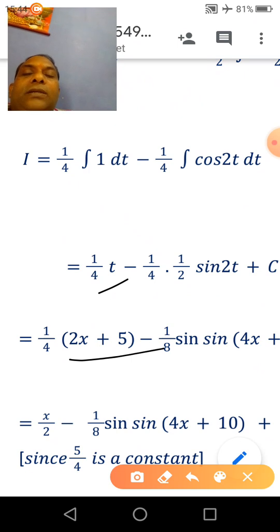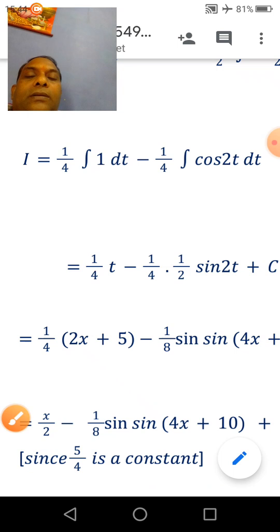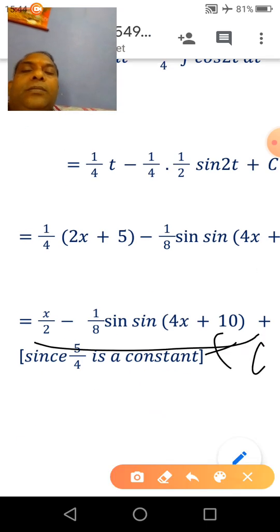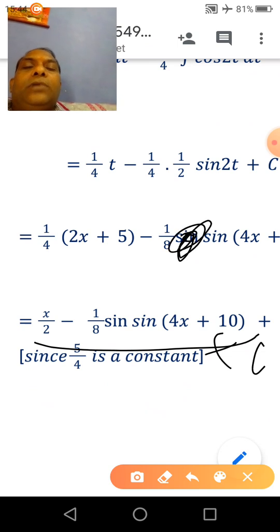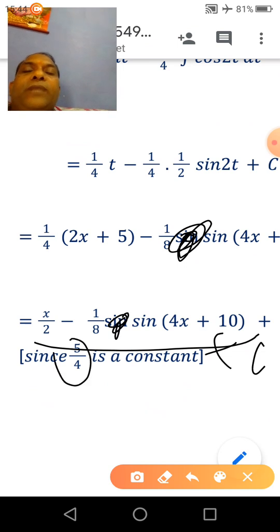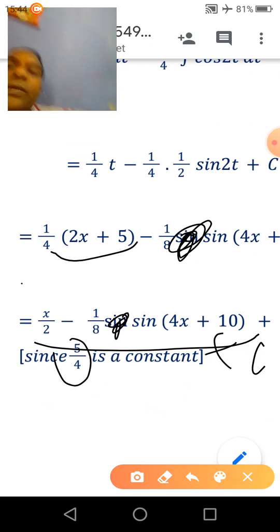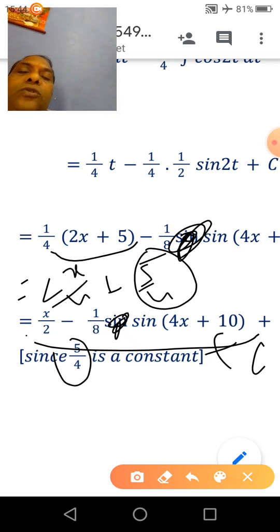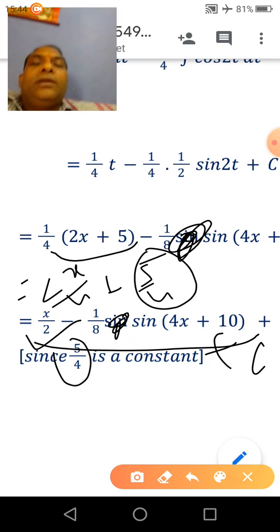Solve this portion and you can write plus c. And 5 by 4 is also a constant, so eliminate this 5 by 4, means you can write 2x by 4 plus 5 by 4. So 5 by 4 plus c will also be a constant, so you can write only x by 2. Clear?